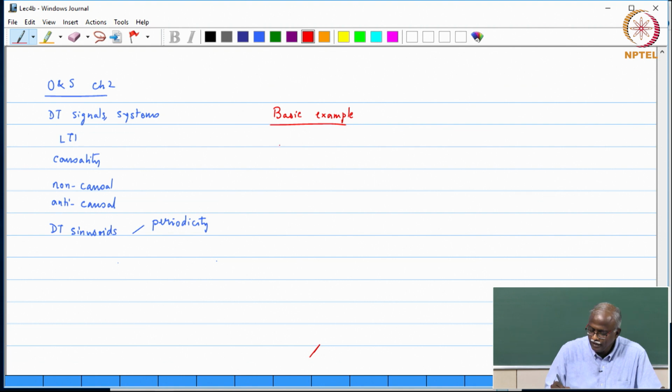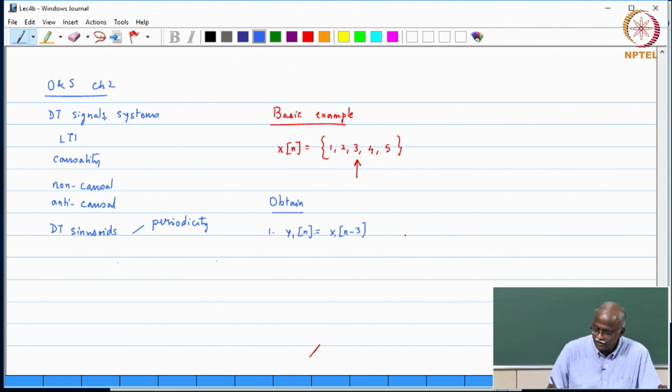So, if I have a sequence x of n, which is 1, 2, 3, 4, 5 with an arrow under the 3, that means that is the origin. I would like you to obtain the following sequences from this. First, y1 of n is x of n minus 3, basically a shifting of the sequence.